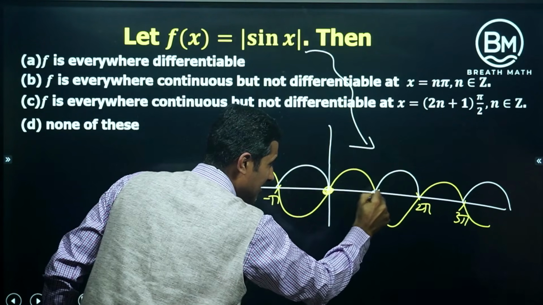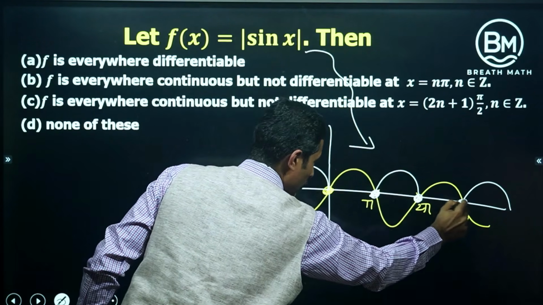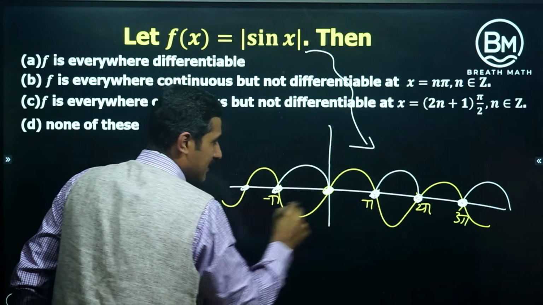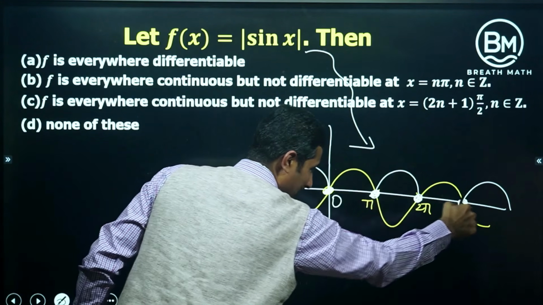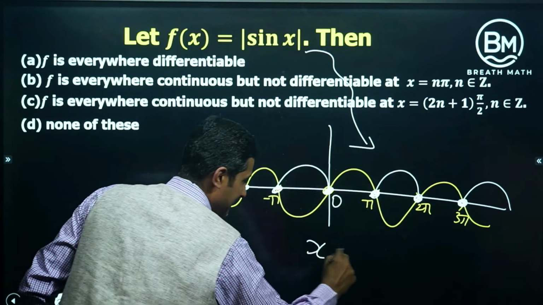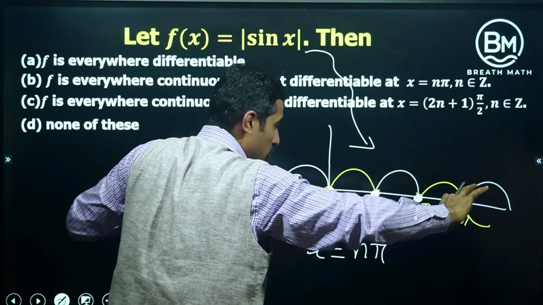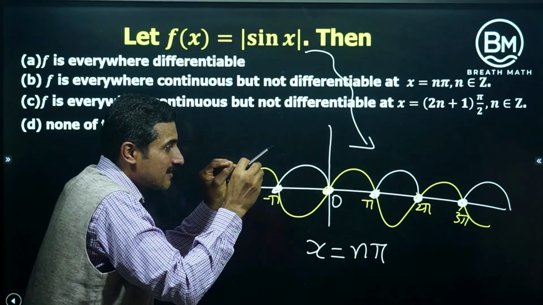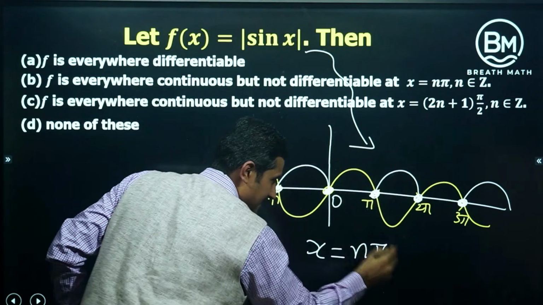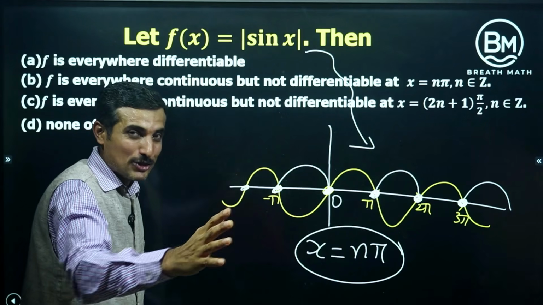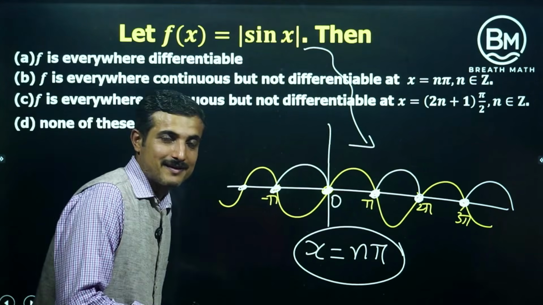So, this particular graph shows sharp edges at different points. 0, pi, 2 pi, 3 pi, meaning at x is equal to n pi, this curve is showing you sharp edges. At all these points, x equal to n pi, the function is not differentiable.